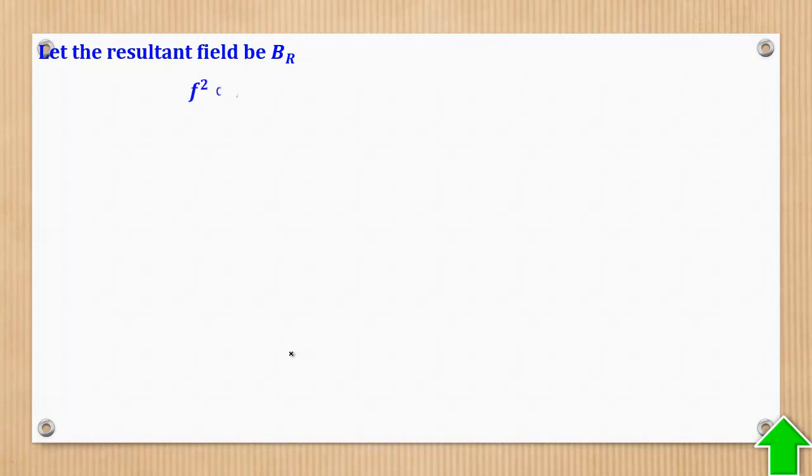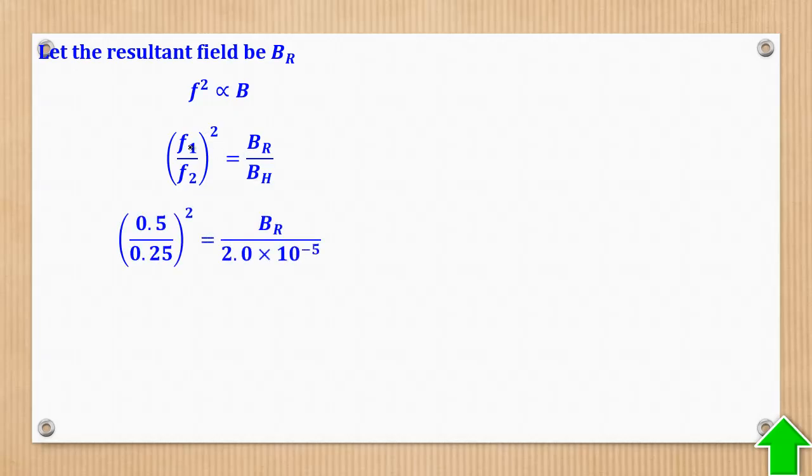So the result can be BR. We know that the square of frequency is proportional to flux density. That means that F1 over F2 everything squared is equal to BR over BH. Substitute for F1, F2, and for BH to come up with the value of BR.